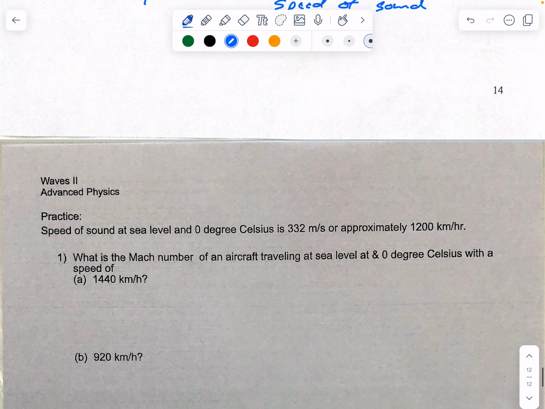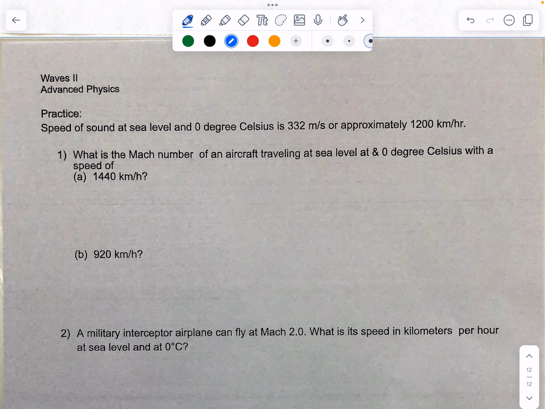So we're going to do some calculations here. The speed of sound at sea level and 0 degrees Celsius is 332 meters per second, or approximately 1,200 kilometers per hour. Remember the equation we give you, V equals 331.5 plus 0.6 times t. Well, if you put 0 in for t, that whole term goes to 0, which means your velocity is 332 meters per second.